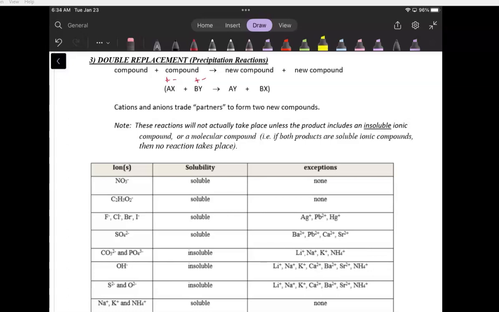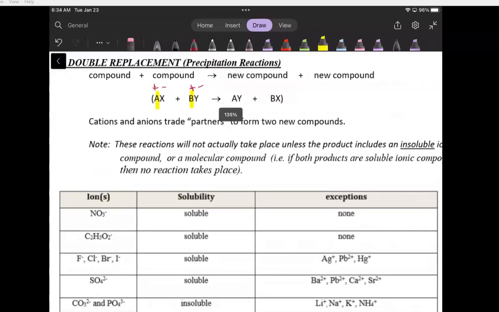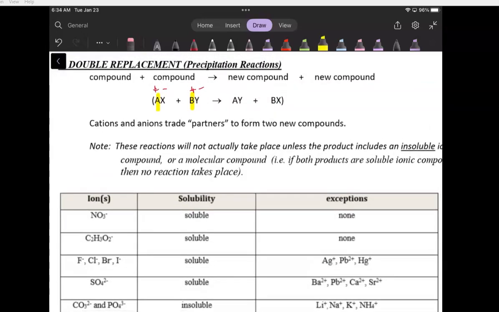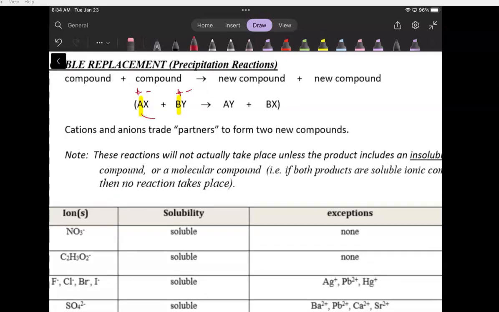And if you just have A and B trade places, then A would now be paired up with Y, because it's trading places with B. So A would be paired up with Y, still positive, negative, because Y was negative. And then B would be paired up with X. Again, still positive, negative. So this is double replacement.